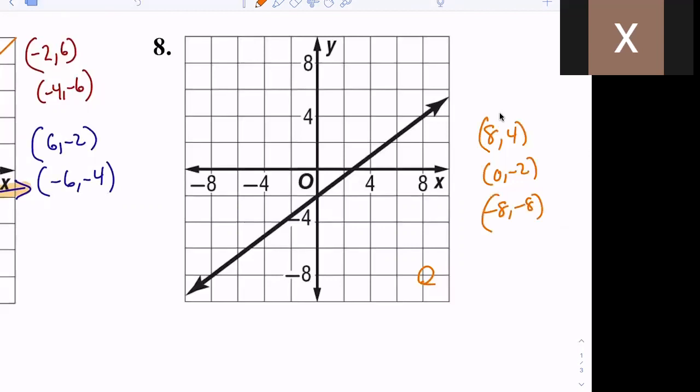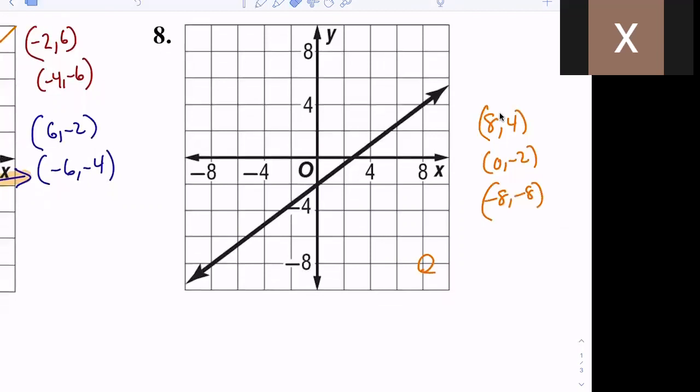And sometimes it is good to do 3 points because then you know whether or not you made a mistake. All right? But go to 8, 4, and now what would be the inverse of 8, 4? 4, 8. And then what? 2, 0. Then what? -2, 0.